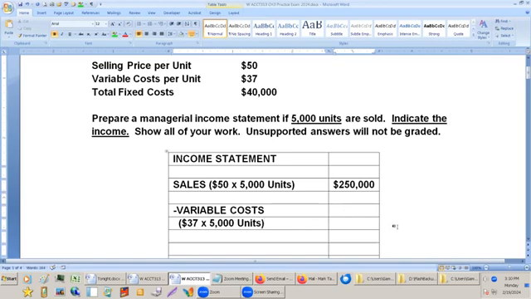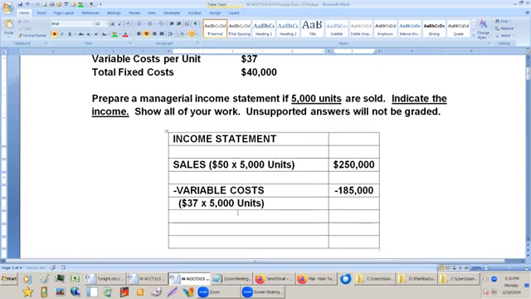That is $185,000. Minus our fixed costs, which were 40,000.